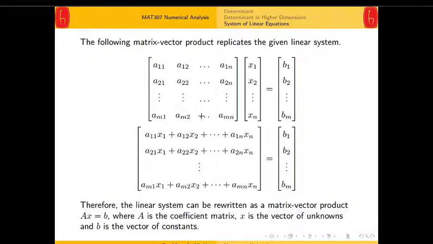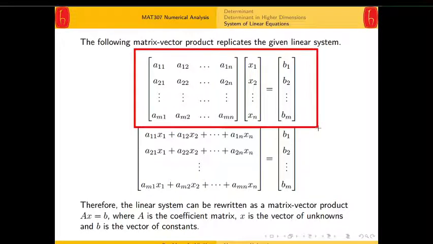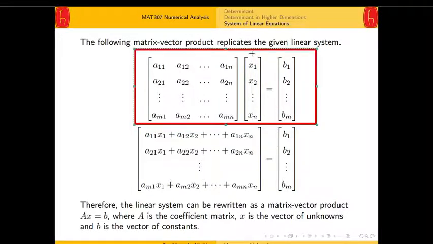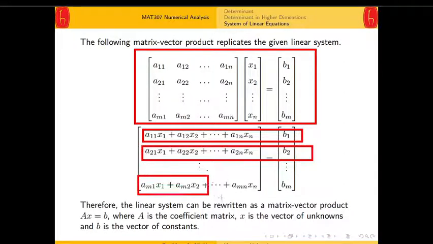How is this possible? If we have this matrix and the vector of unknowns, and we take the product of this matrix times this vector, we will obtain these values. Taking this product, we have this equation first, then the next equation, and the last one.